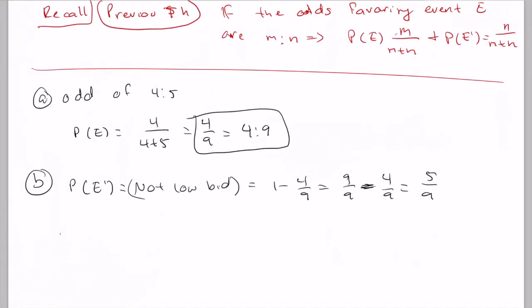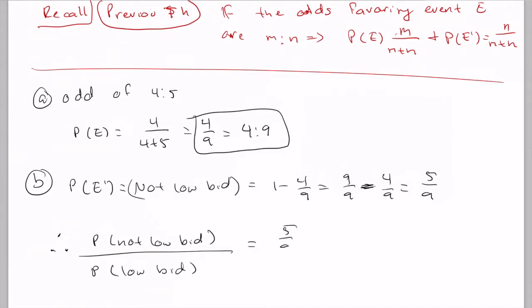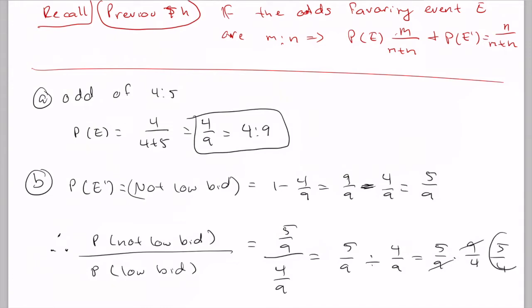Okay? Therefore, P of not low bid over the probability of low bid is equal to 5 over 9 over 4 over 9, which equals 5 over 9 divided by 4 over 9, which equals 5 over 9 times 9 over 4. So we have 5 to 4.